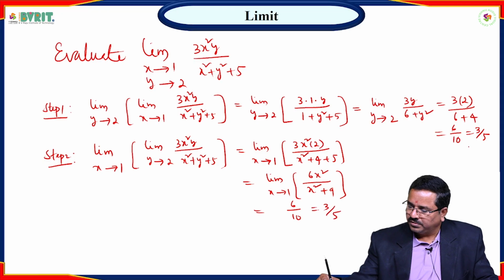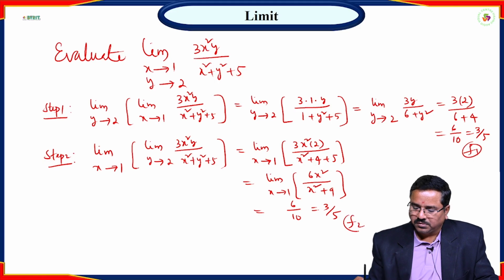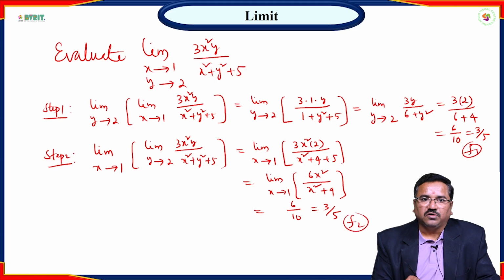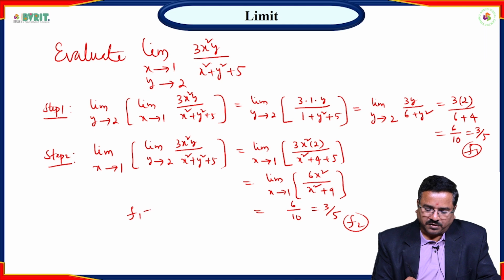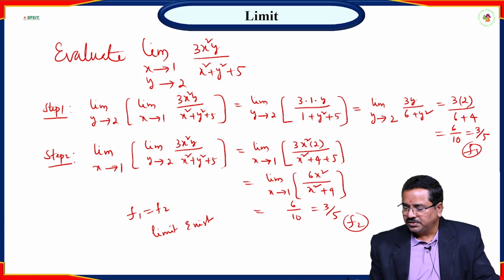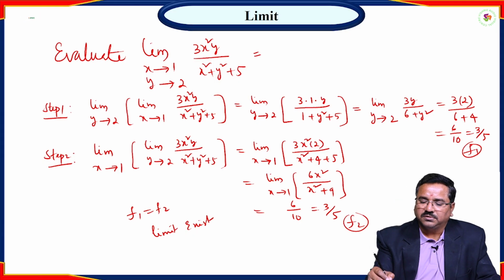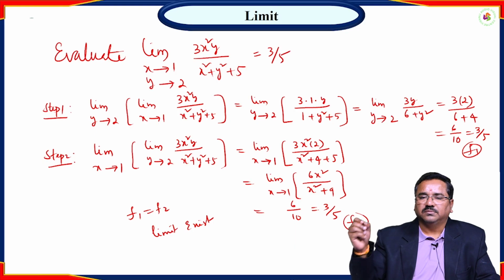So this is f1, this is f2. F1 is equal to f2, therefore the limit exists. So what is the answer? The answer is 3 by 5.